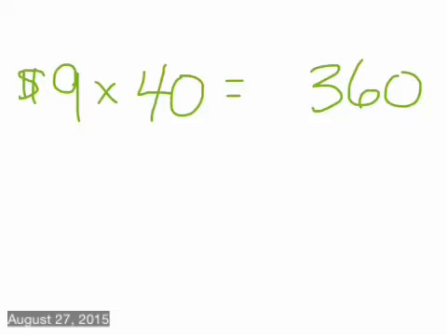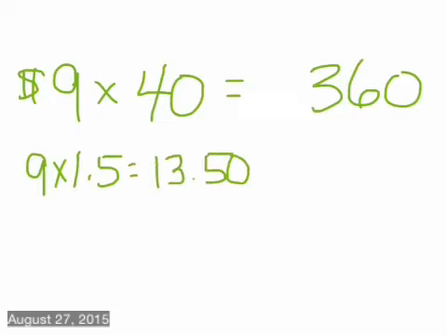Now, it said that Josie had to work 6 hours on Thanksgiving and her employer paid her time and a half. If we had $9 an hour originally, but now we're at time and a half, we take 9 times 1.5. Why 9 times 1.5? Because it said she gets paid time and a half.